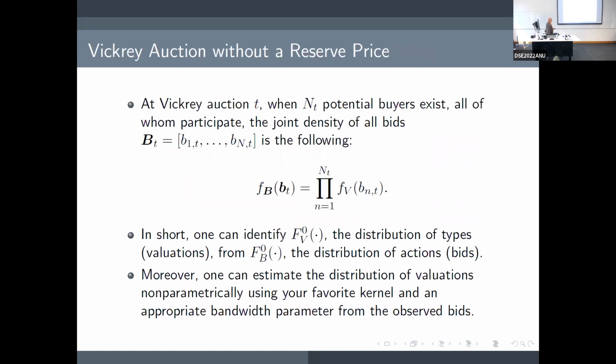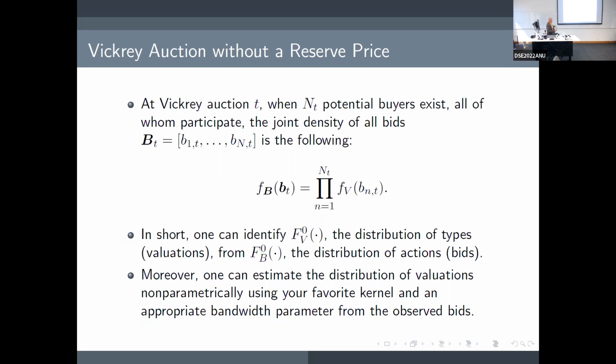Okay, so let's now think through the best environment to collect data. A Vickrey auction. Let's imagine that there is no reserve price. So every one of the N_T people bids.